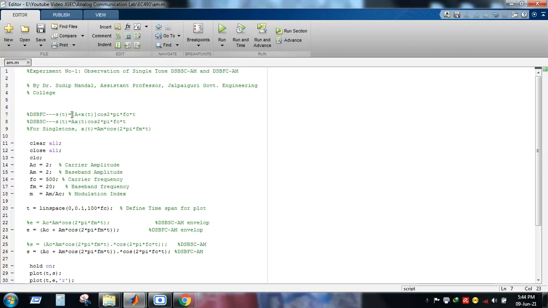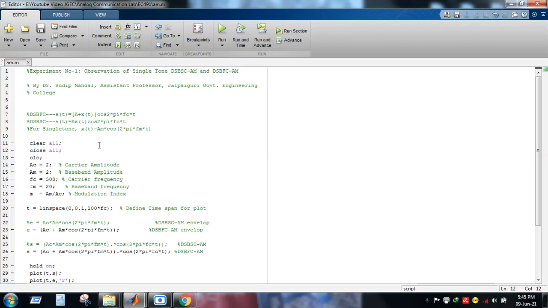We already are aware that the information or the message is embedded in the envelope of the modulated waveform. So in case of DSB-FC the envelope is A plus x(t), and in case of DSB-SC the envelope will be A into x(t). Okay, clear?